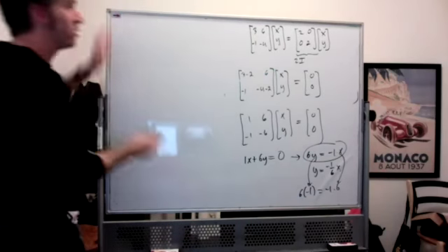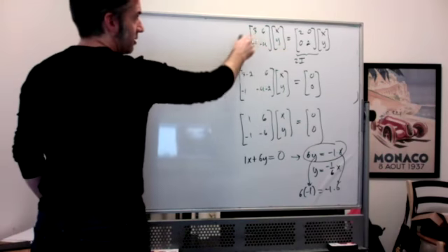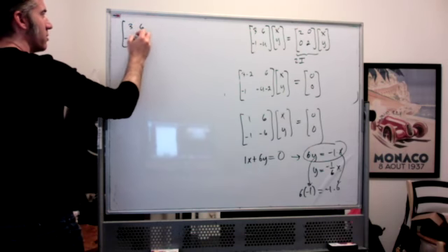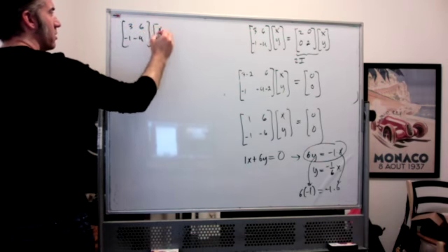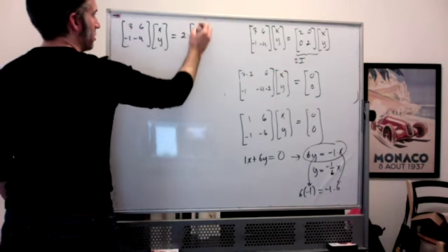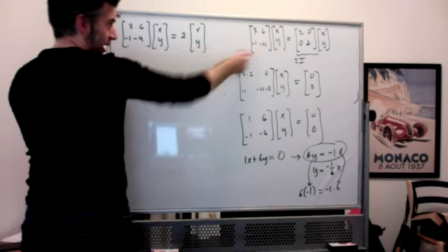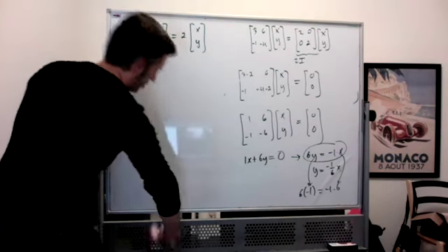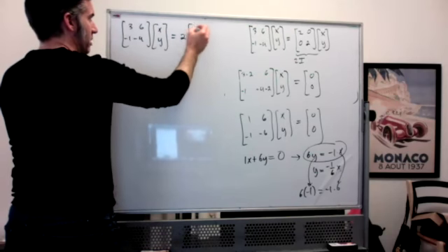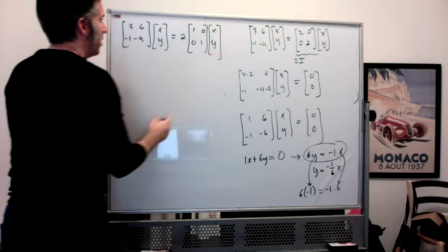I'm starting with this, and I could rewrite it as 2 times the identity matrix times (x, y).